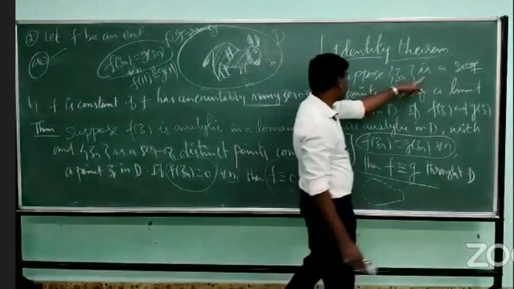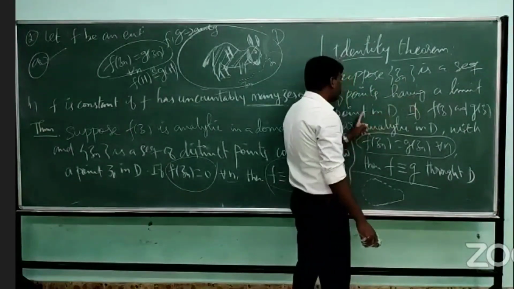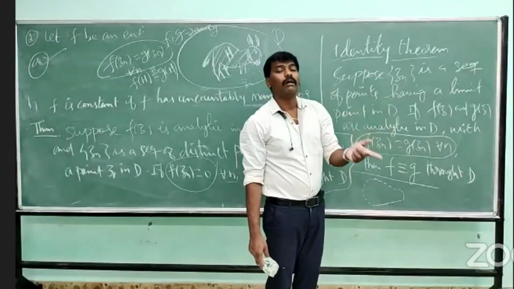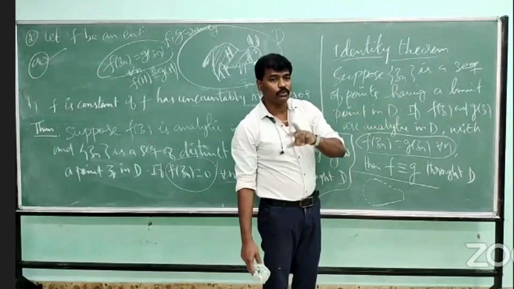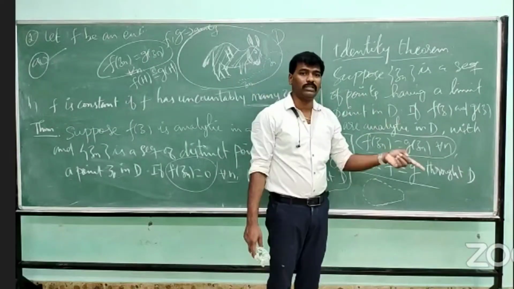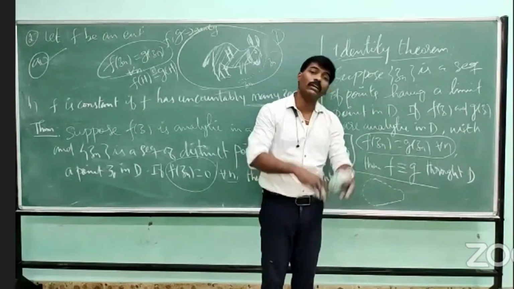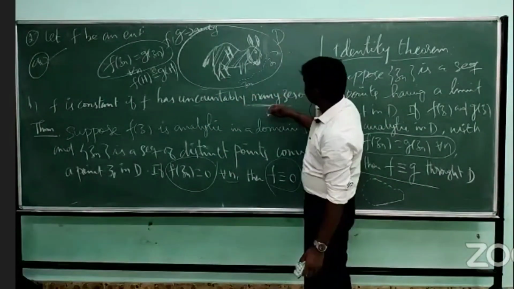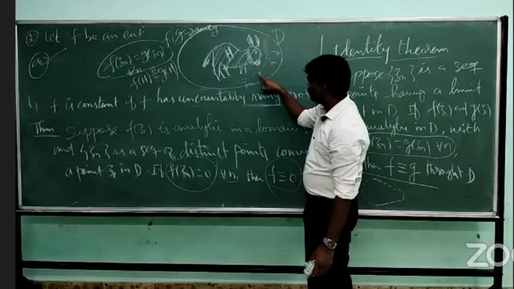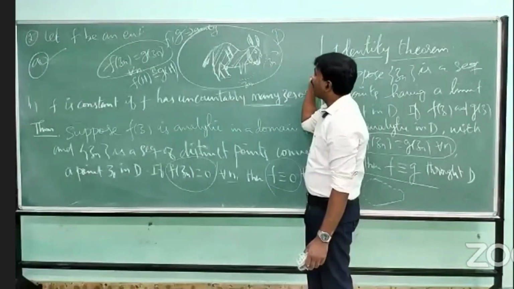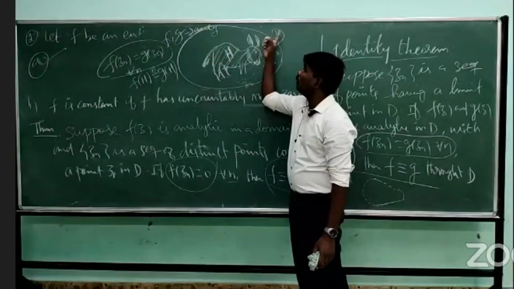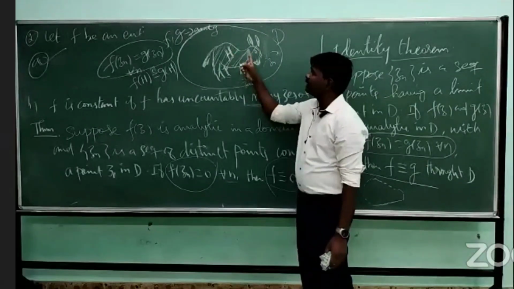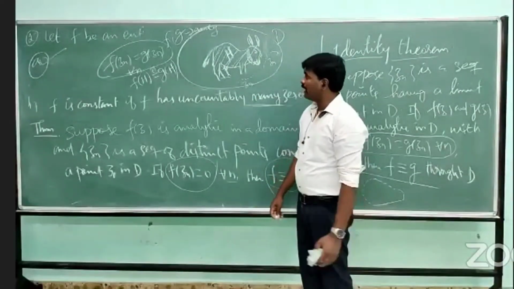The theorem says Zn is a sequence of points having a limit point in D. Then if two analytic functions agree on the sequence, F and G agree on the whole set, since it converges somewhere within D. From the identity theorem, F and G are identically the same on the whole D. In particular, F and G are identical in this picture.